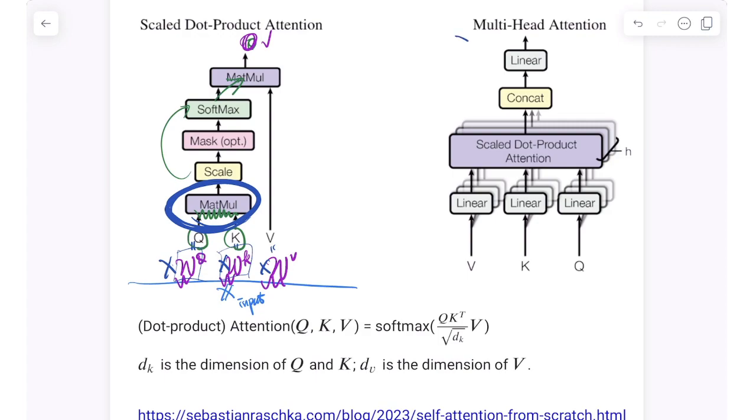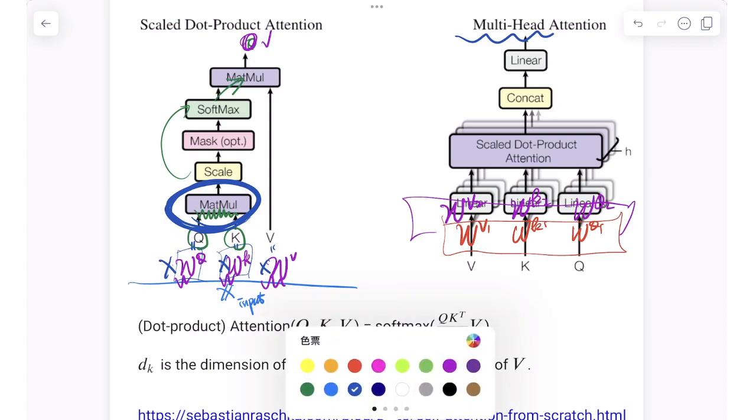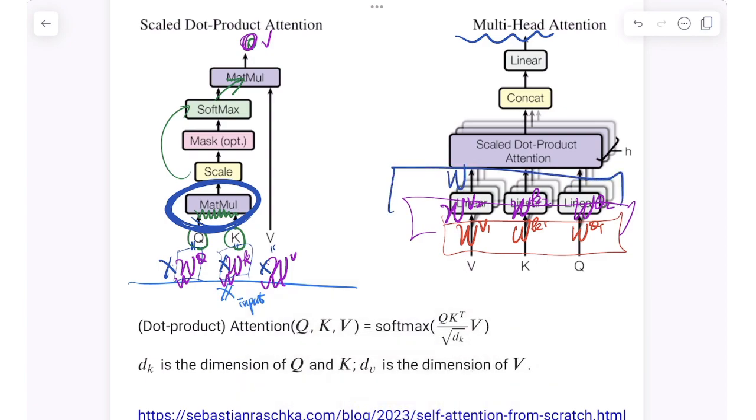So multi-head means we have several different sets: WQ1, WK1, WV1, that is one set of W. We have another set, WV2, WK2, WQ2, and another set, WV3, WK3, WQ3.